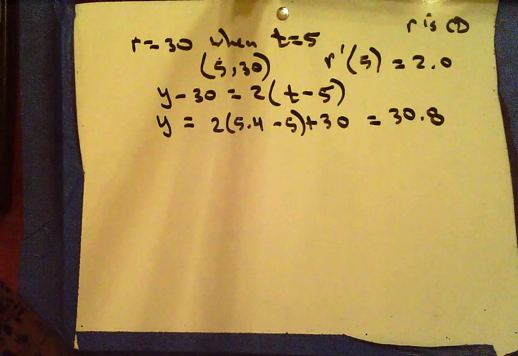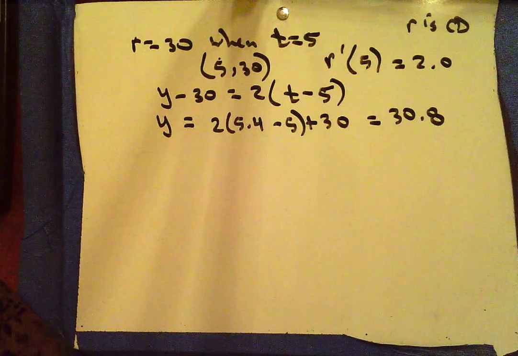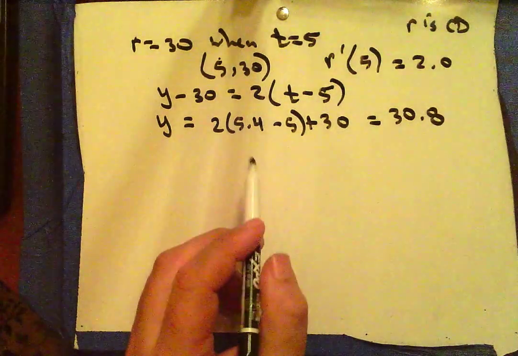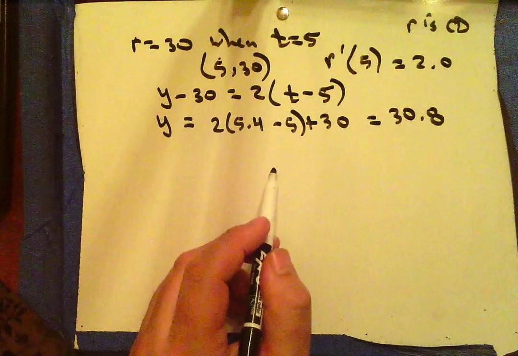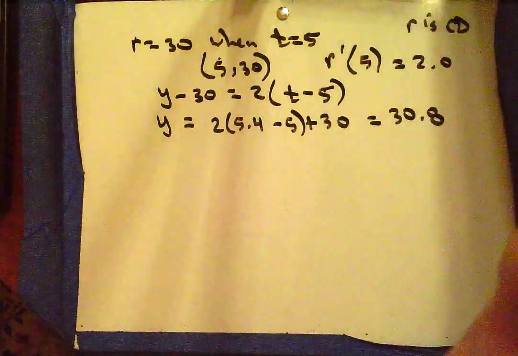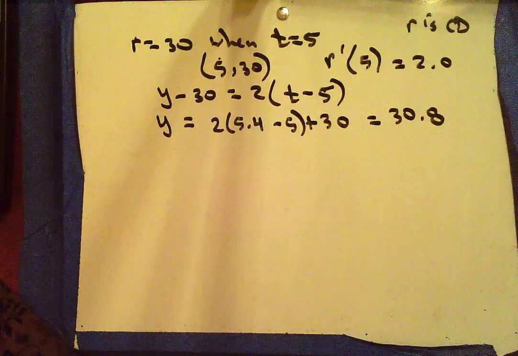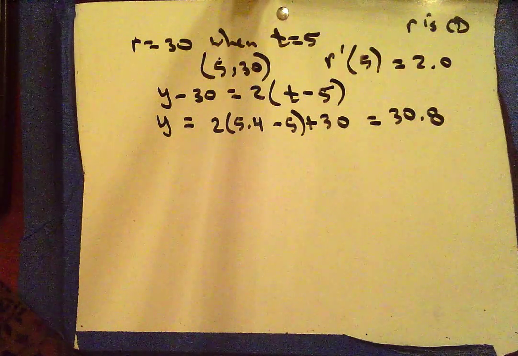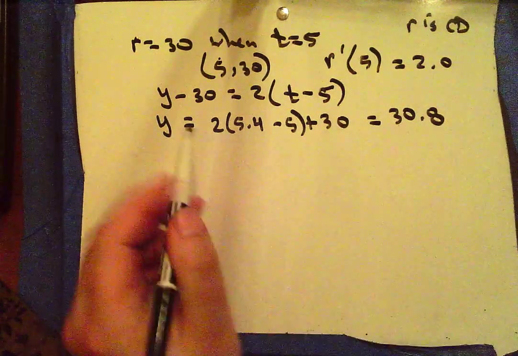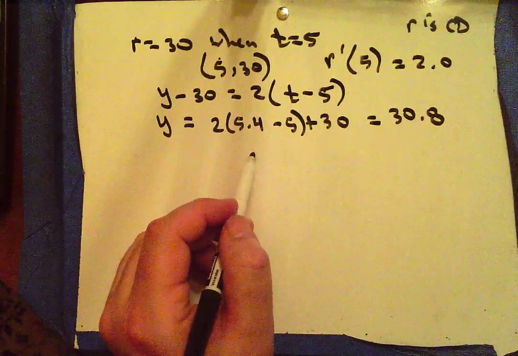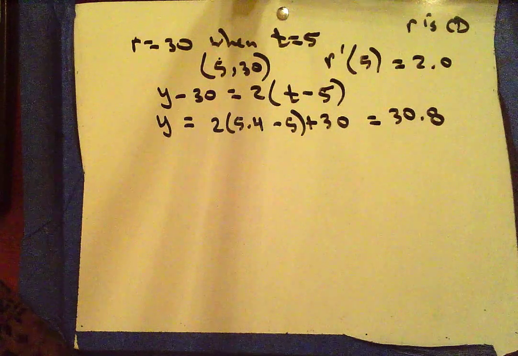Now, does it go even further? Is this greater or less than the actual value? Well, we're building a tangent line to R. R prime is always positive. R double prime is always negative.